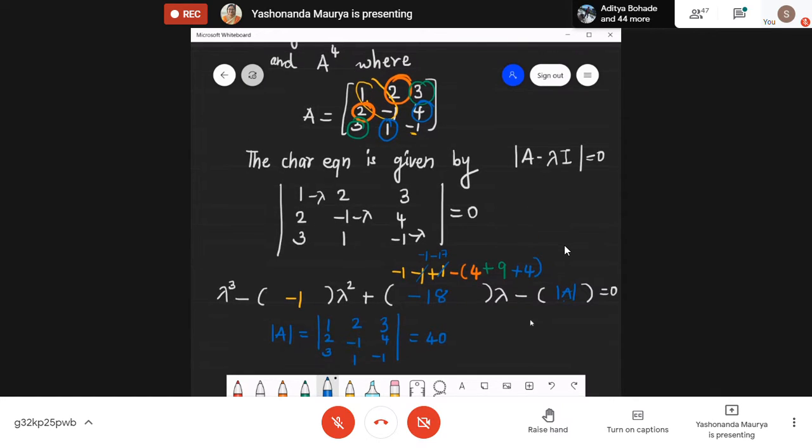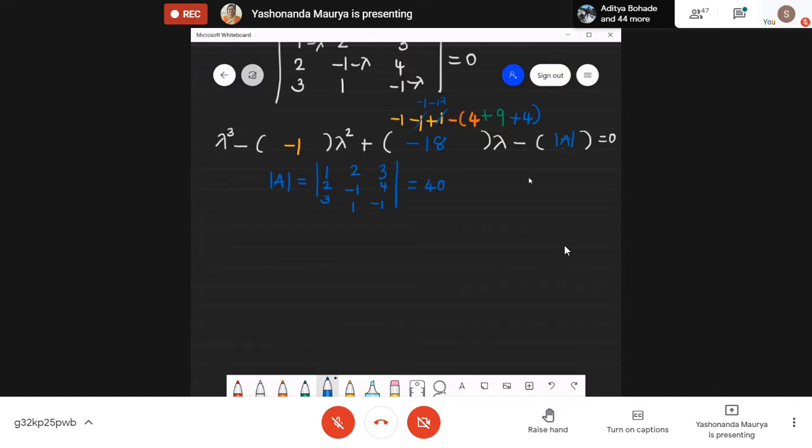Therefore, the characteristic equation that we are going to get is lambda cube plus lambda square minus 18 lambda minus 40 is equal to 0. Check the sign: positive, negative, positive, negative, correct.